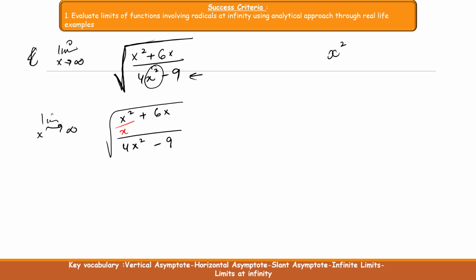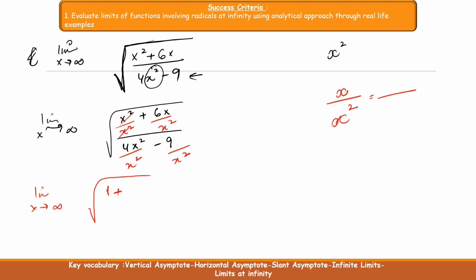So I will divide all the terms of the question with x square. After doing this, I will solve my question. So x square cancel, so I will get 1. Now I told you before also, x up, x square down. So I have to subtract the power from the bigger to the lesser.